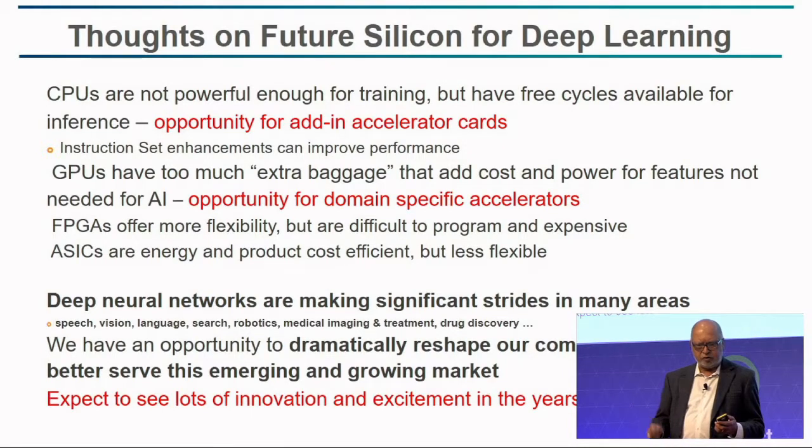But we have an opportunity to dramatically reshape the way we design our computing devices to meet the needs of this emerging and growing market. I expect to see lots of innovation and excitement in the years to come. So stay tuned. It's going to be a fun ride.